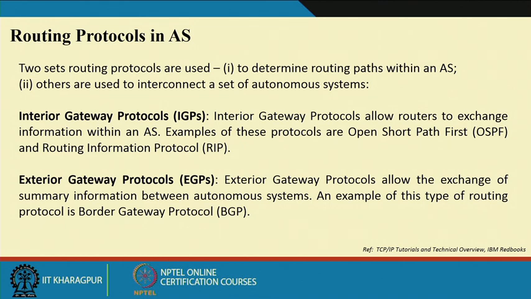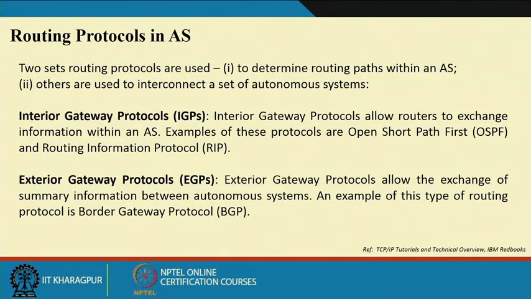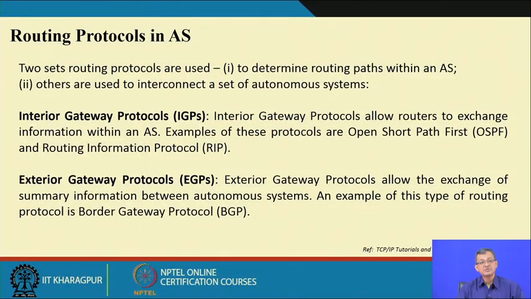There is another set of protocols which are based on routing across the autonomous systems, what we call inter-domain routing, and those are exterior gateway protocols. They allow exchange of summary information between the autonomous systems. One best example is the Border Gateway Protocol or BGP.